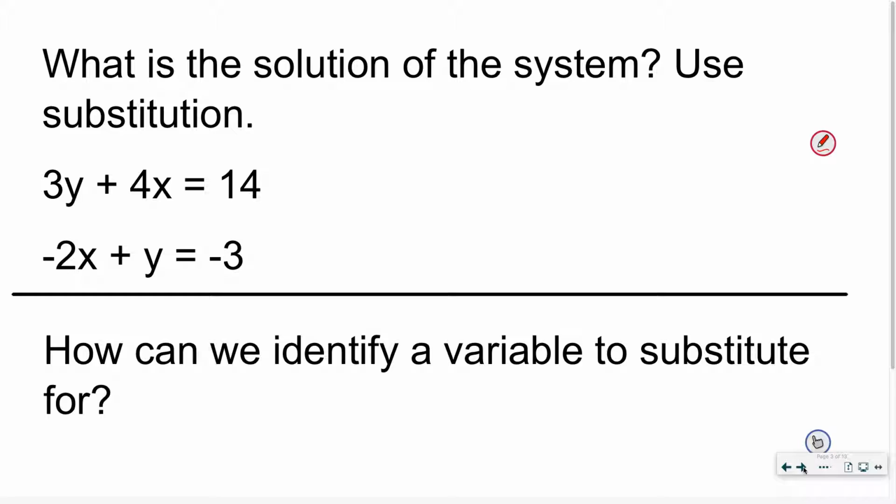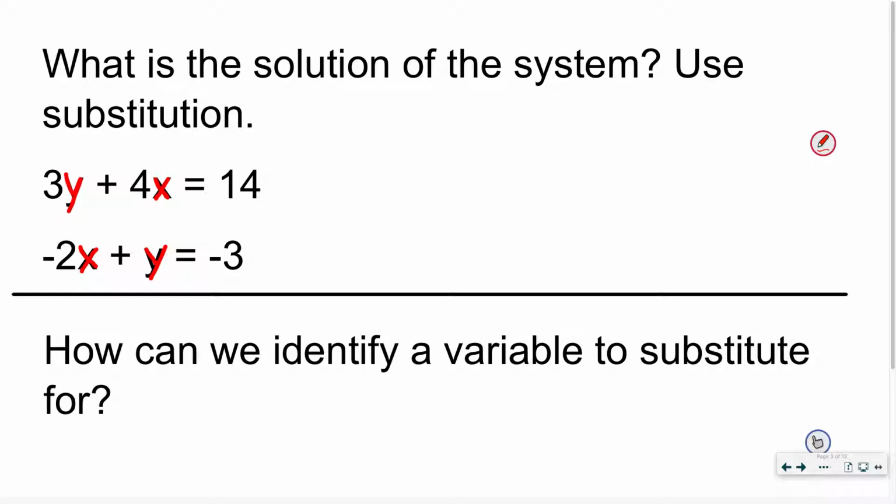So I need to do something a little bit different. How can we figure out which variable we want to substitute? We'll get the y by itself. What would be the easiest process to get the y by itself? Is there any variable that we can get alone? So let's identify what the variables are: either this y, this x, or this y. Is there any variable that we could somewhat easily isolate?